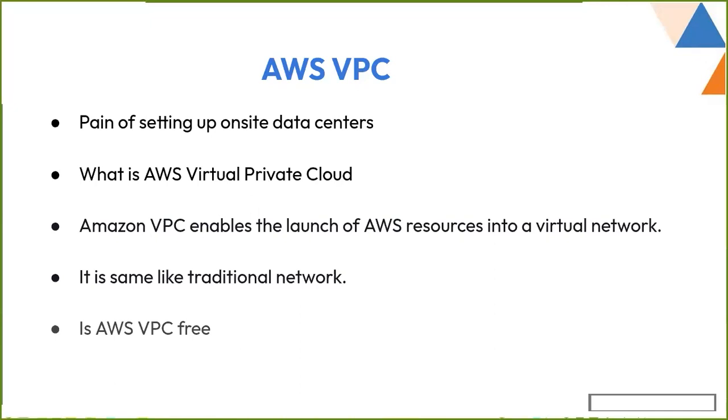Why do we use VPC? Suppose there's an open cloud, anyone can access it, it is visible to the world. But when we create a VPC, a virtual private cloud, it is restricted.